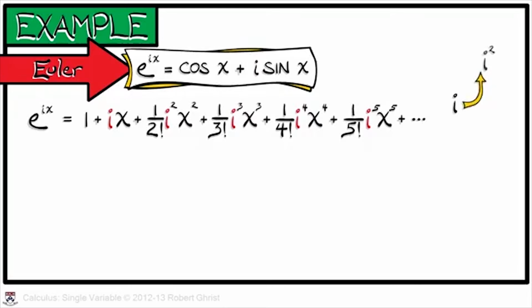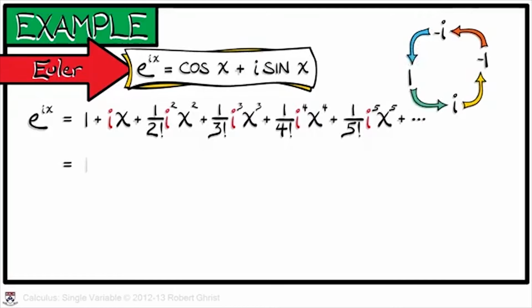Recall that by definition, i squared, the square root of negative 1 squared, must be negative 1. Therefore, if we look at i cubed, we have to get negative i. And i to the 4th, being i squared squared, must be equal to 1.